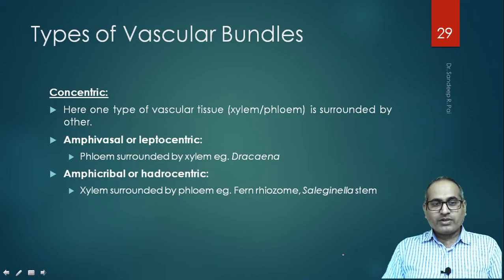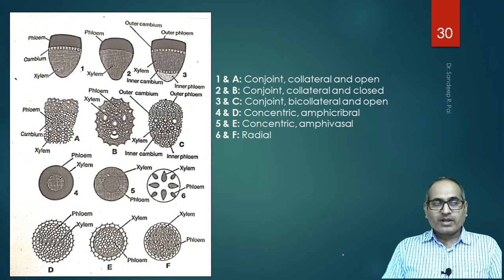Amphicribal or hadrocentric: xylem surrounded by phloem. So, in first case, phloem surrounded by xylem, and into second case, xylem surrounded by phloem. Fern rhizome and Selaginella stem are the examples of amphicribal or hadrocentric type of vascular bundles.